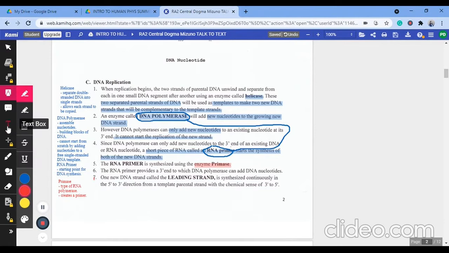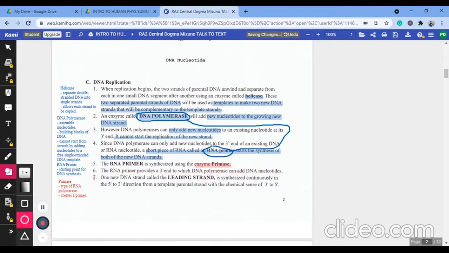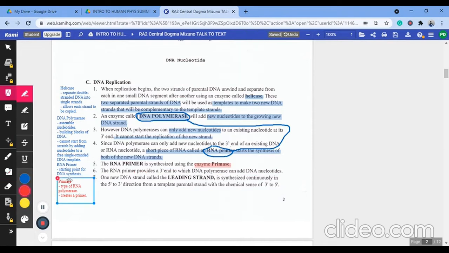Okay, moving on. The RNA primer provides a 3' end to which DNA polymerase can add DNA nucleotides. It's so confusing too.